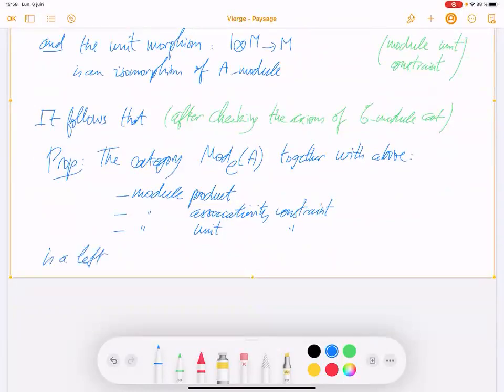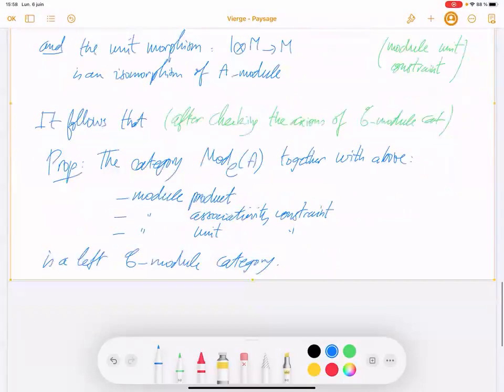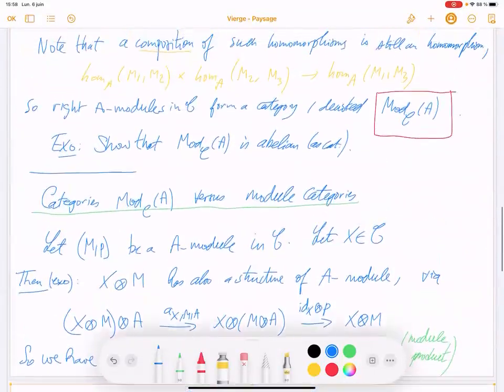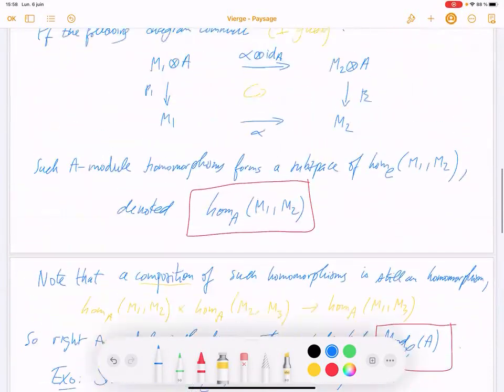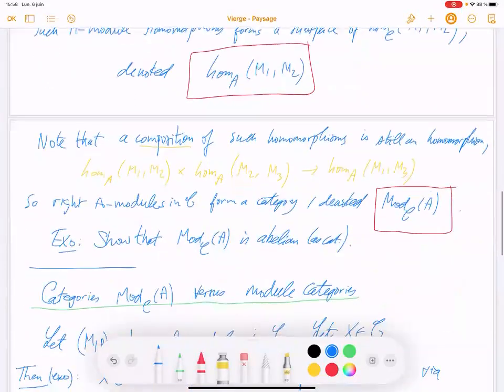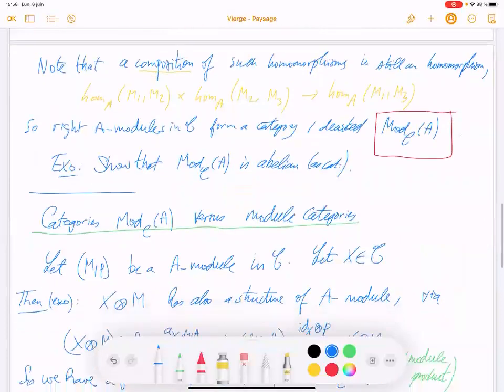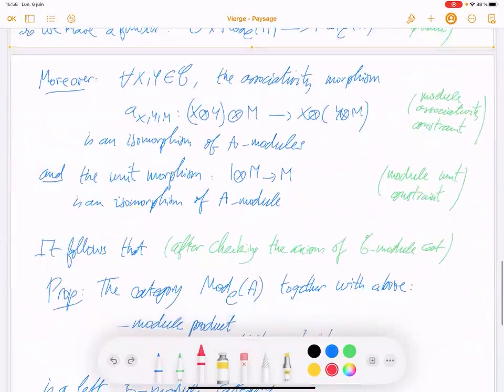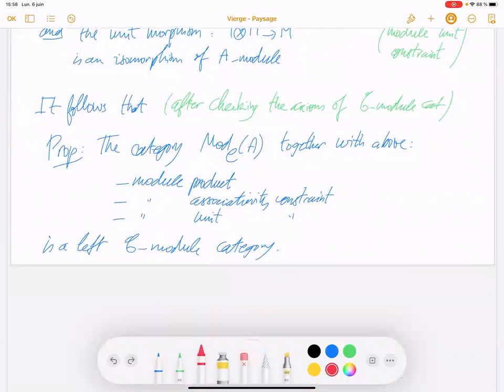Is a left C module category. And this is maybe the explanation why we wanted to take the right A module as the usual A module, because then this leads to a left C module category, which is also the usual C module category, the left one.